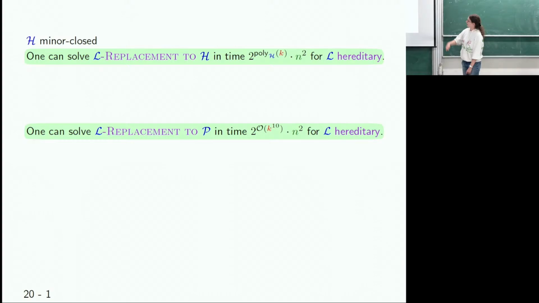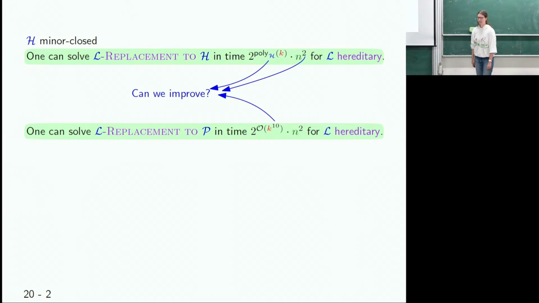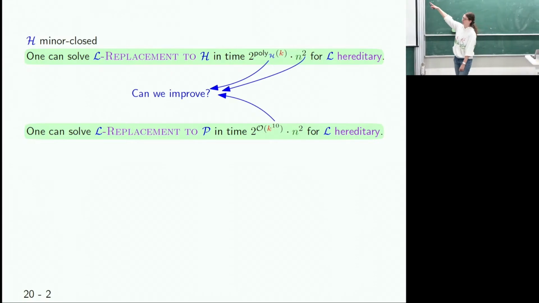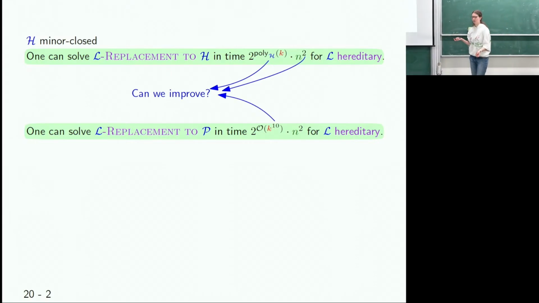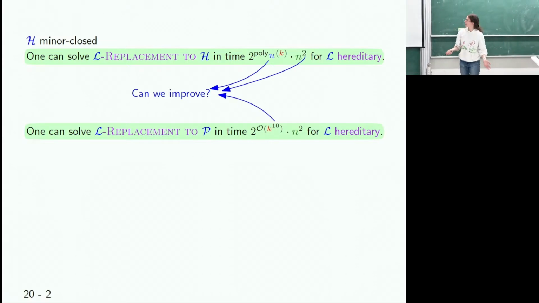So, these are the two results we found. Of course there are still open questions, like can we improve the running time? This polynomial in k, I said it comes from the irrelevant vertex technique, so if you want to improve it, you need to find another technique instead. There is also the question of the n squared, because now we know that we can check minor membership in almost linear time, so maybe we could improve this to almost linear time.